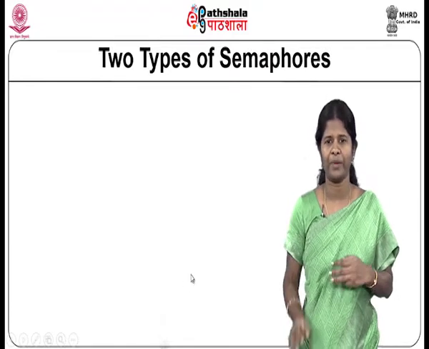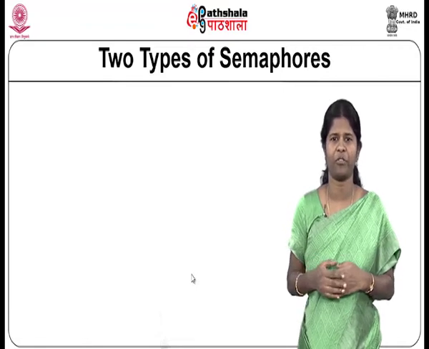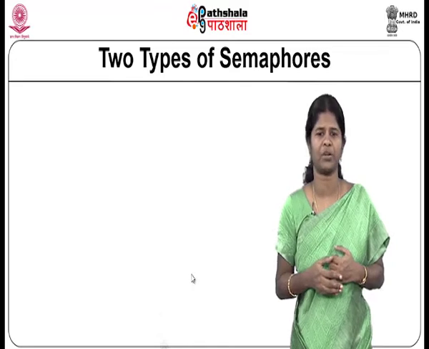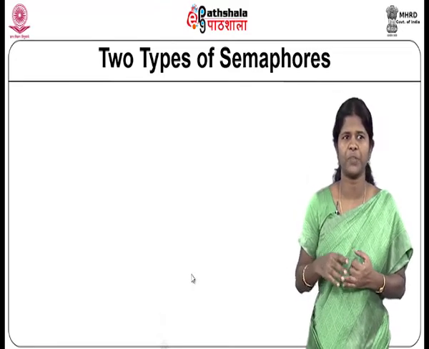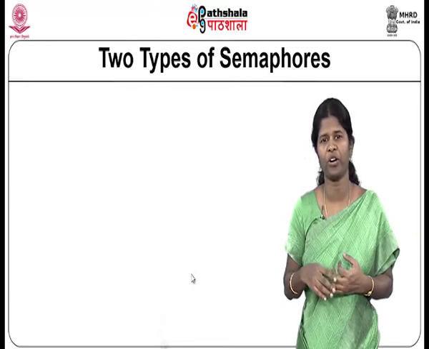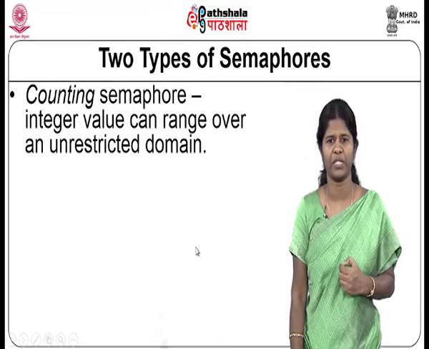Now, having seen the operations that can be performed on semaphores, we will look at two different kinds of semaphores that are possible. One is a counting semaphore and the other is a binary semaphore. What do we mean by a counting semaphore?